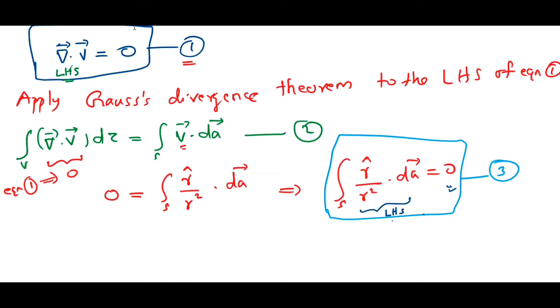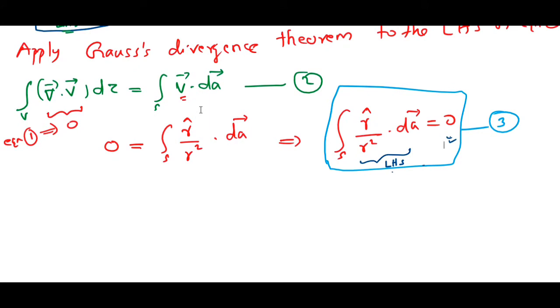So let me check whether the LHS is giving a value of 0 or not. In equation 3, I will write dA in terms of spherical polar coordinates.